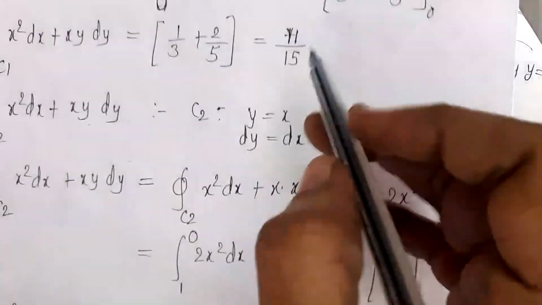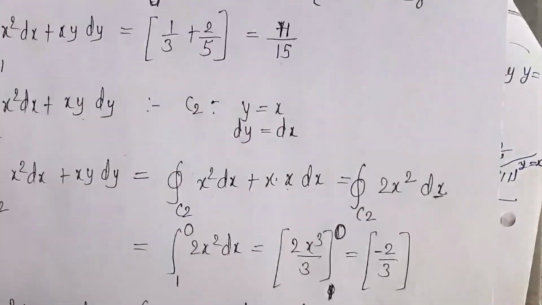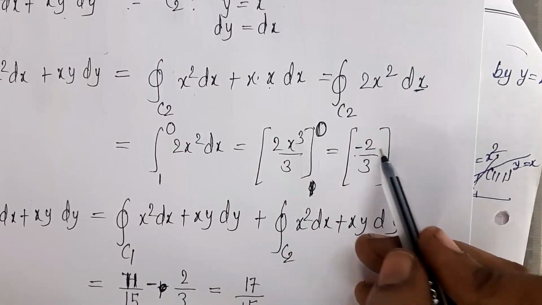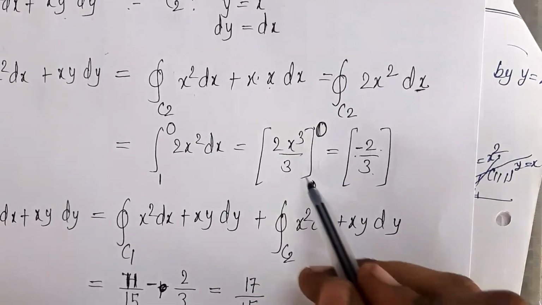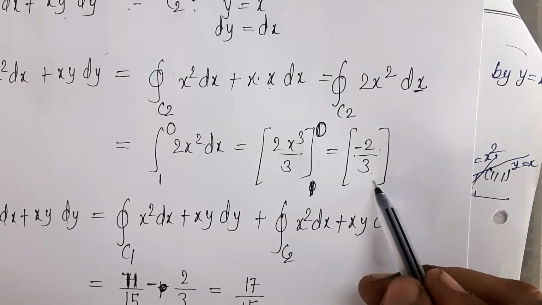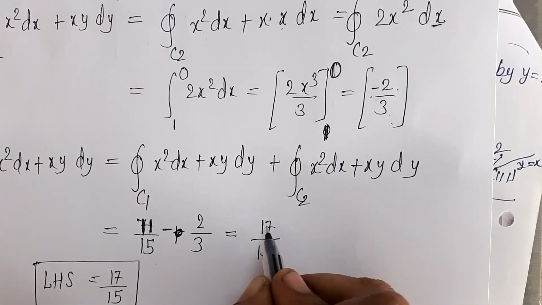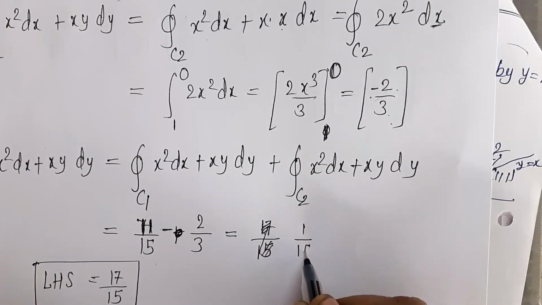Now see here, this is 1 by 3 plus 2 by 5, which is 11 by 15. And if we substitute 1 to 0, it will be minus 2 by 3, because if we substitute the upper limit 0 minus 2 by 3, we will get minus 2 by 3. Now 11 by 15 minus 2 by 3 is 1 by 15, not 17 by 15. It is 1 by 15.